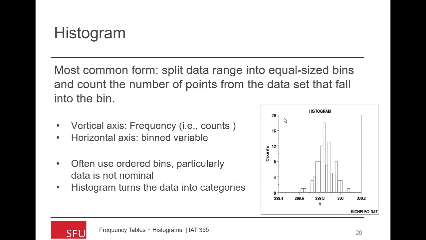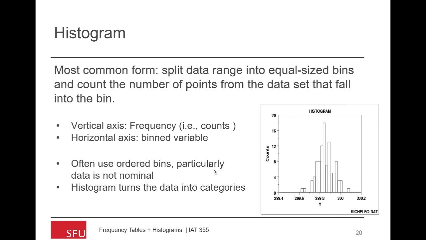Typically the vertical axis is the frequency or counts of the data that you've got, counts if it's a frequency table, relative frequency when you're using proportions. And the horizontal axis is the binned variable. Here we have a data set with very small bins, roughly 0.02 is the bin size here.